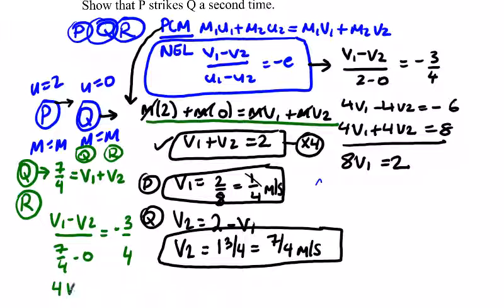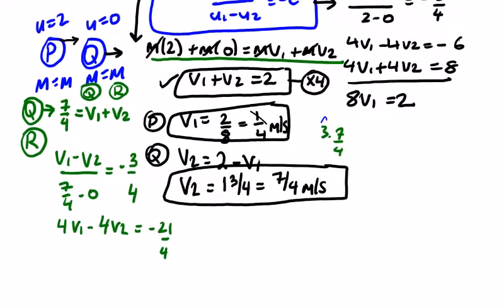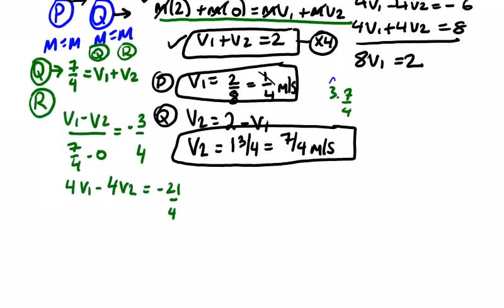So 4v1 minus 4v2 is equal to minus 21 over 4, since 3 times 7 over 4 is 21 over 4. Now I want to cancel my v2, so multiplying the top one by 4, I have 7 over 4 by 4, which is 28 over 4. That's going to be equal to 4v1 plus 4v2.